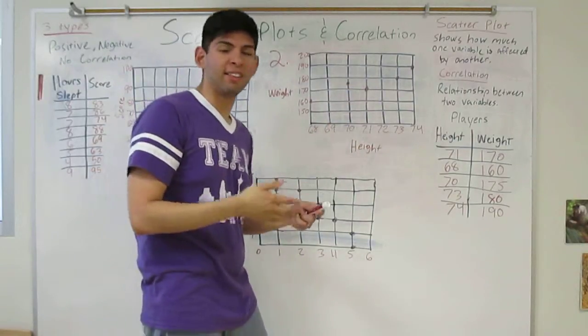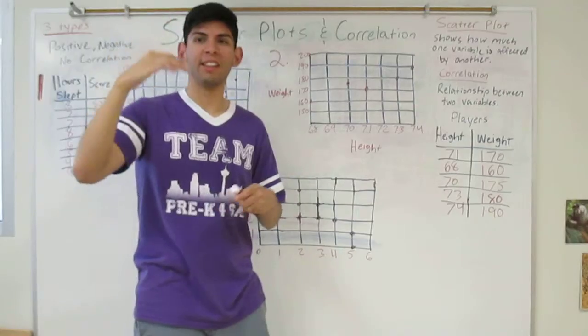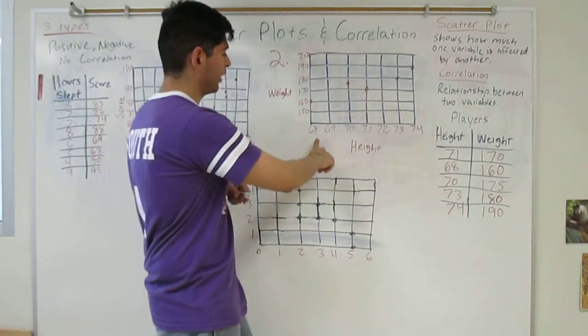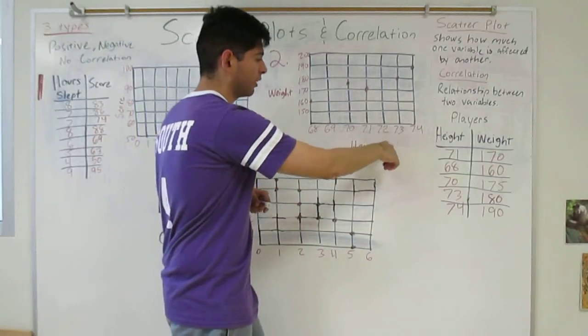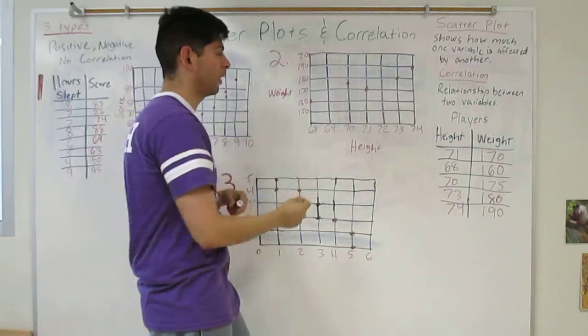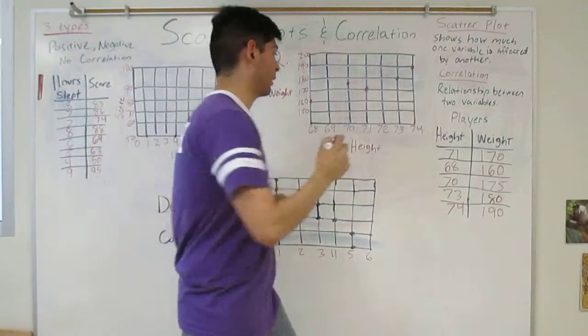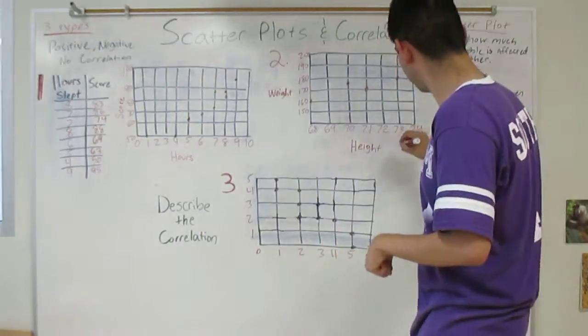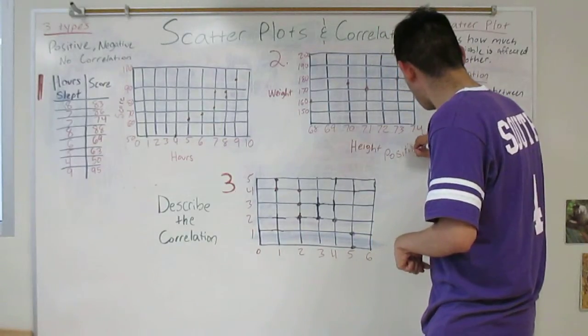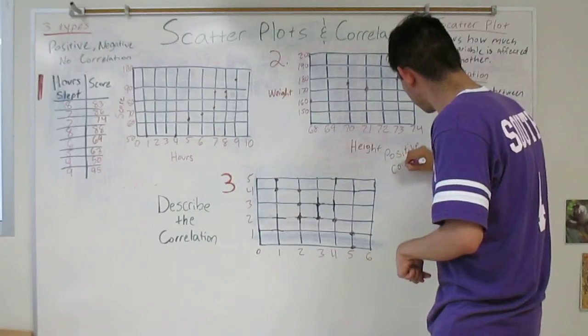That's not necessarily always true. One could be taller than another, but on this basketball team and on this graph, the taller they are, the more they tend to weigh. So this one will also be a positive correlation. So write positive correlation.